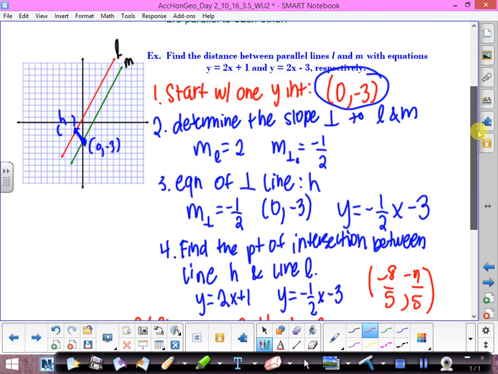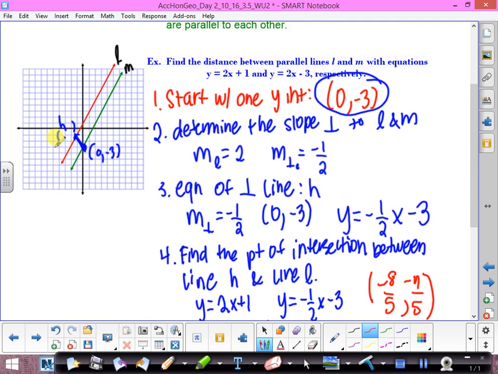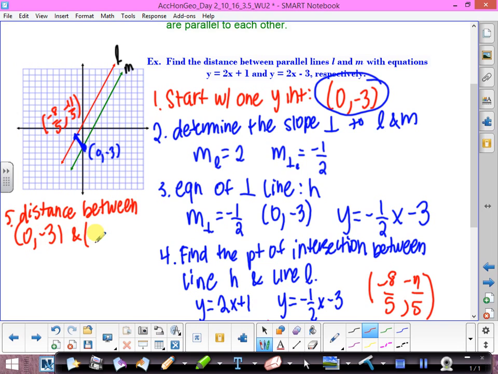But then all we've found so far is this point of intersection here. This point is -8/5, -11/5. So the last thing we have to do is find the distance between the 2 points. So the distance between 0, -3 and -8/5, -11/5.